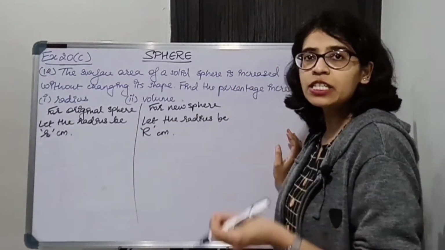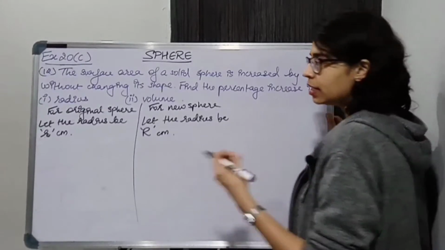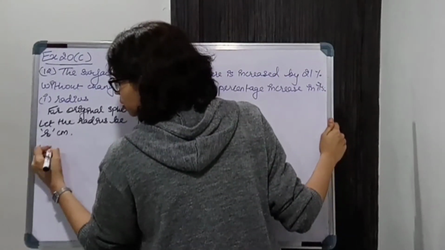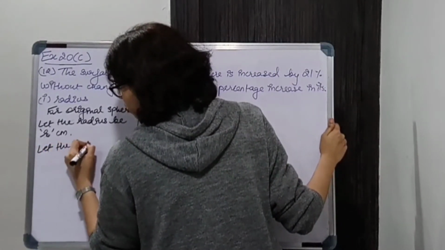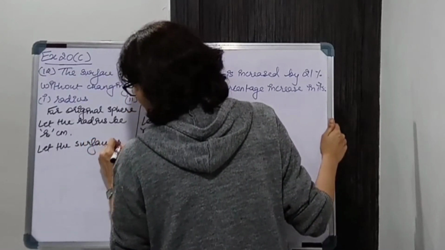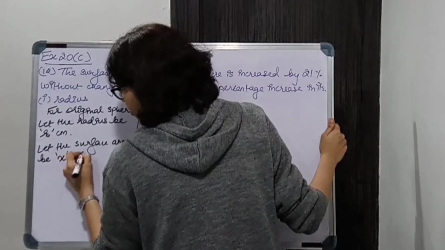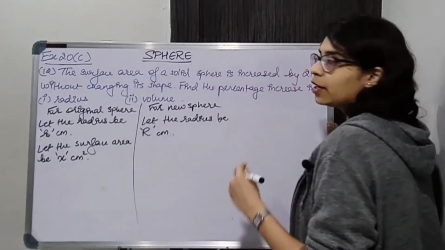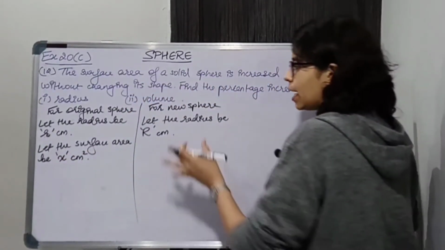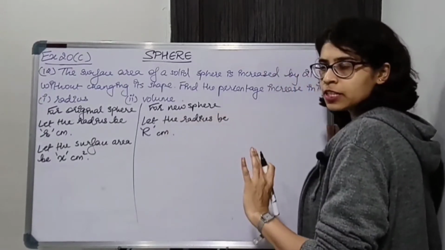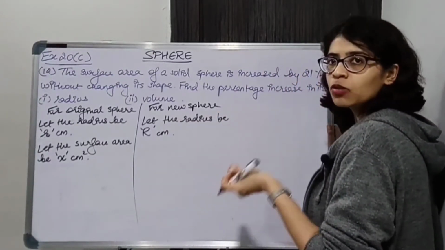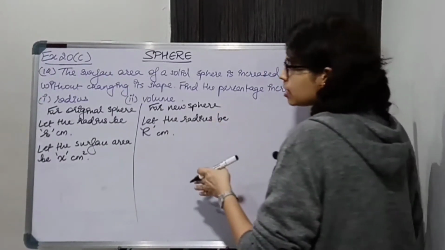Now we assume the surface area to be x. So let the surface area be x centimeter square. And over here it will be x plus 21% of x. So we have to write down that the surface area has increased.